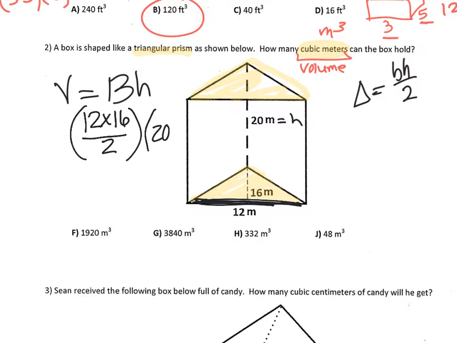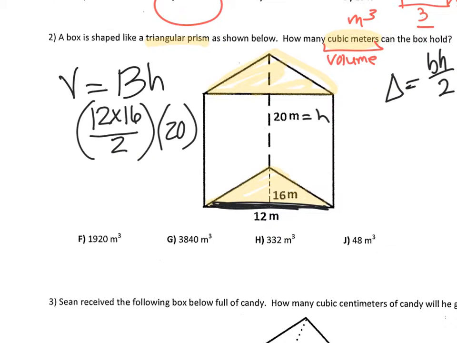That's the length between your bases. And if you can shorten it down, like if you can divide earlier, you want to do that. It's 1,920. Good.